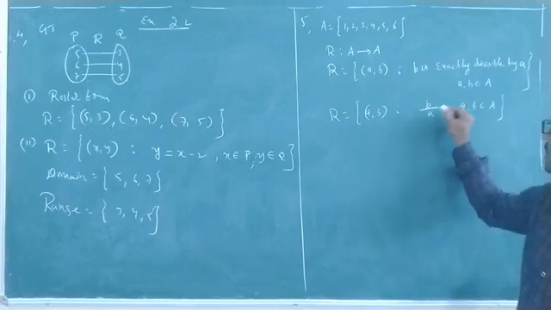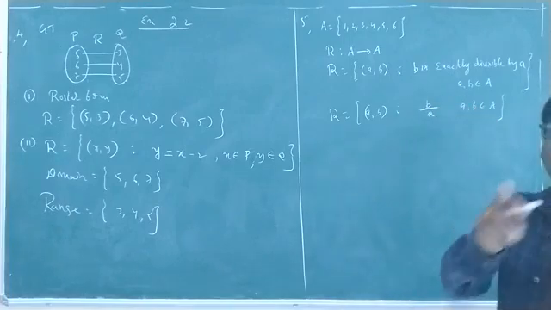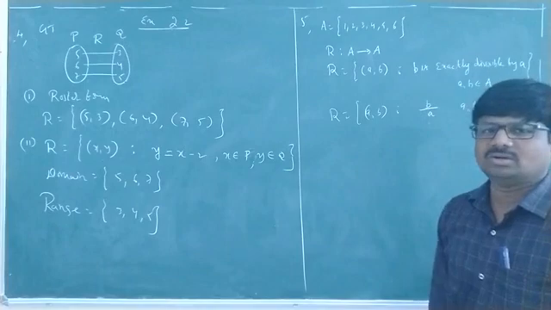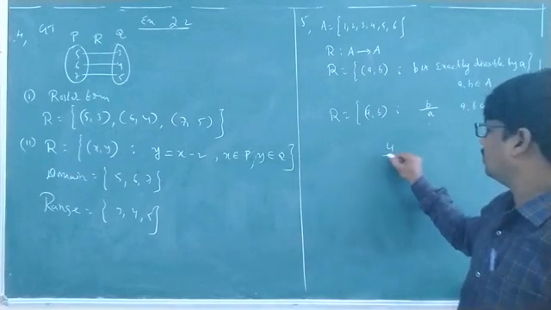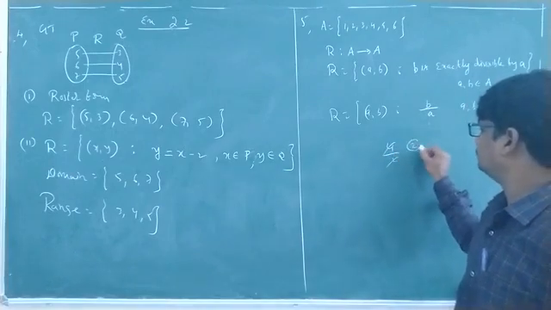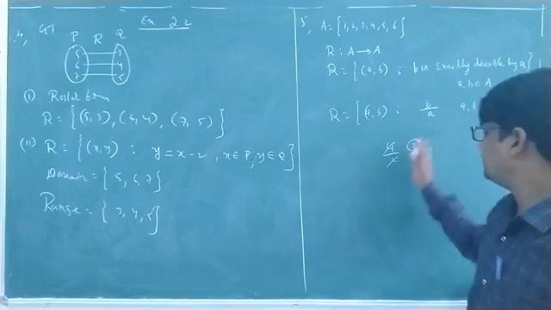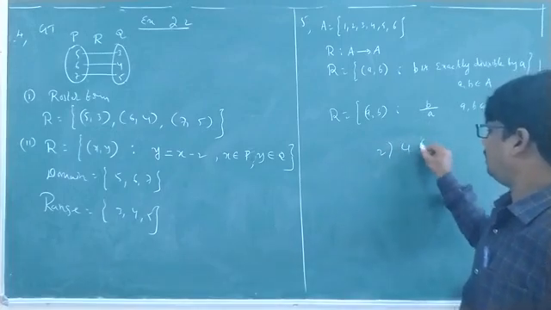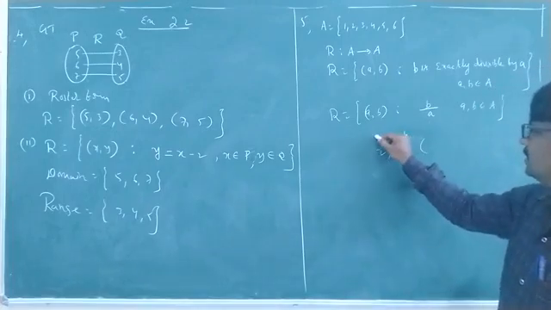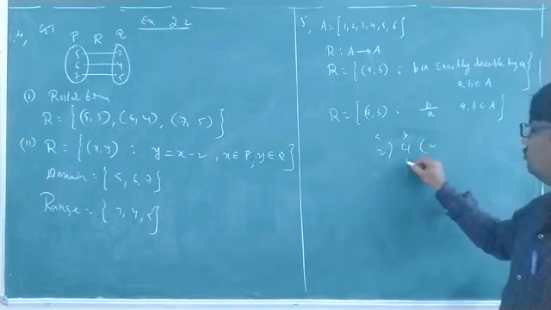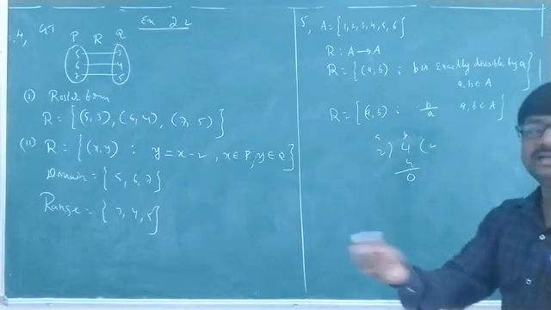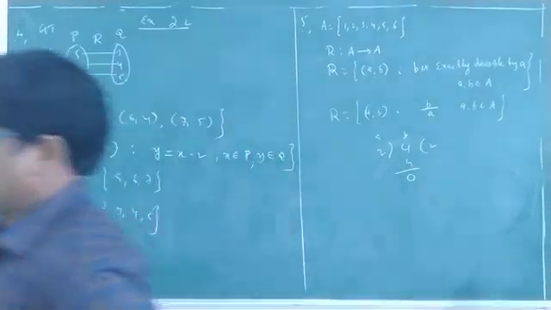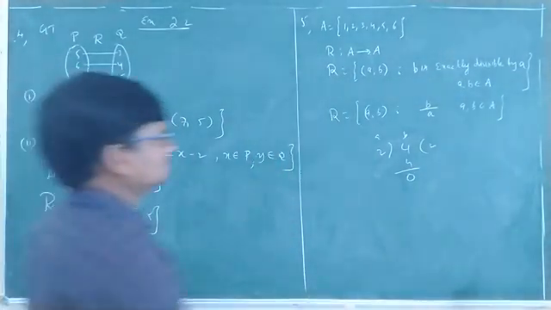If you divide, the remainder must be 0. Like 4 by 2: 2 goes into 4 two times, and the remainder is 0. Here 2 is a and 4 is b. Like that you have to take.